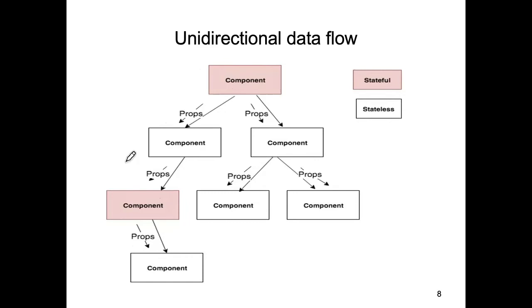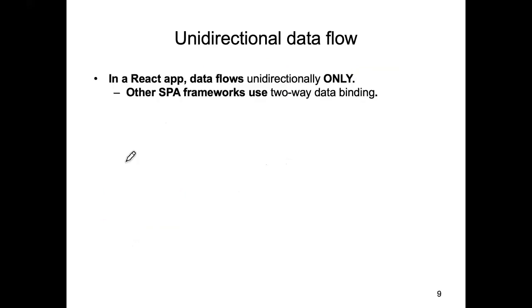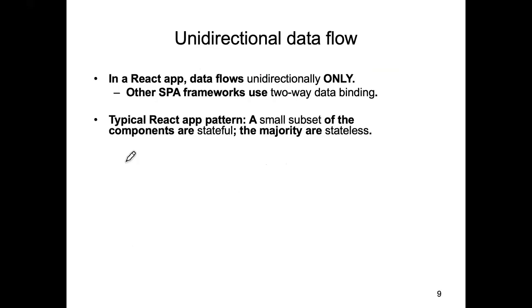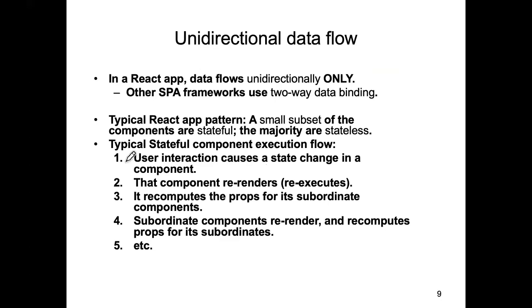So it's one picture, but there are a lot of messages that I want to get across from that diagram. Both unidirectional data flow and this notion of components mounting and unmounting from the DOM. I'm documenting them here on this slide, which you can read through yourselves. I've essentially talked my way through it. The only point I will make in addition is that your typical React app, as you will see later on as we walk through this, has a small number of stateful components, but a much larger number of stateless components.